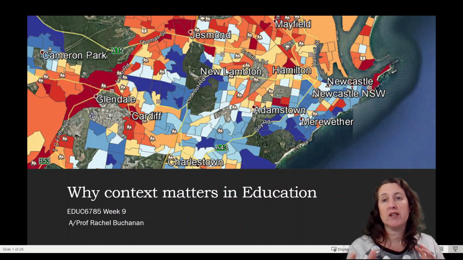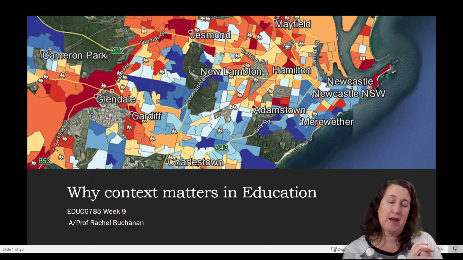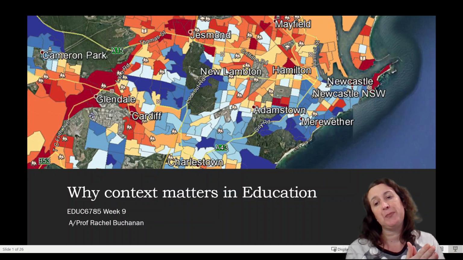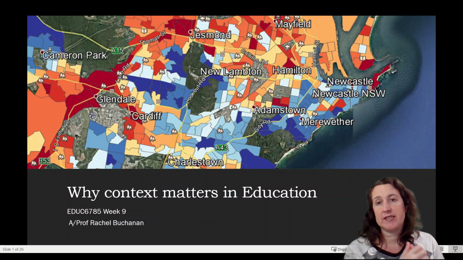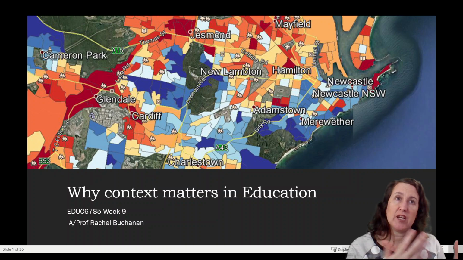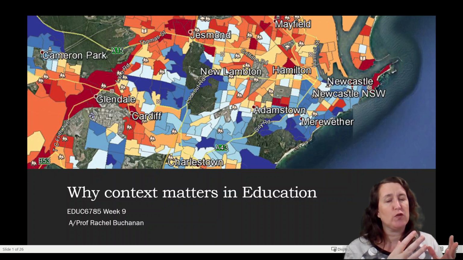So we have sort of pockets of disadvantage and pockets of extreme advantage right here in Newcastle. And part of what we're doing across this module is exploring the impact that that particular context can have on educational outcomes, as well as a variety of other social factors.